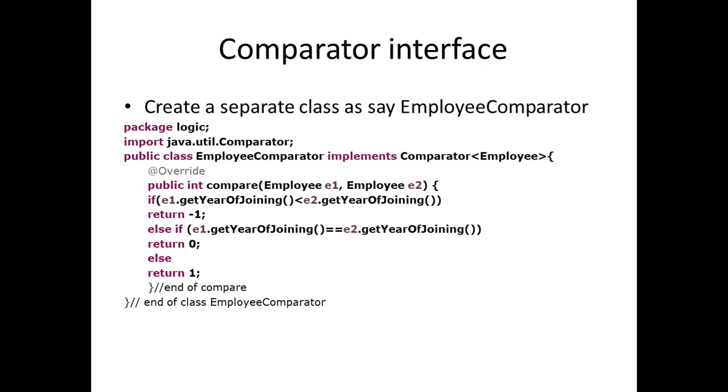Else, if the year of joining of the first employee is the same as that of the second employee, then 0 will be returned. Otherwise, +1 will be returned, that is, whenever the year of joining of the first employee is greater than that of the second employee. So this is the EmployeeComparator class. It will just have the compare method overridden in it. So the logic package will have two classes, the Employee class and the EmployeeComparator class.